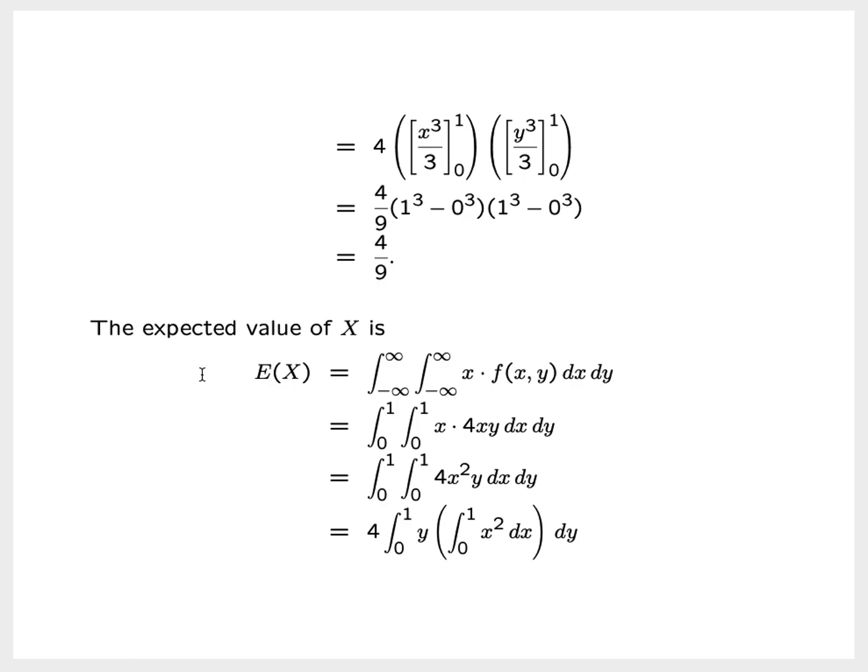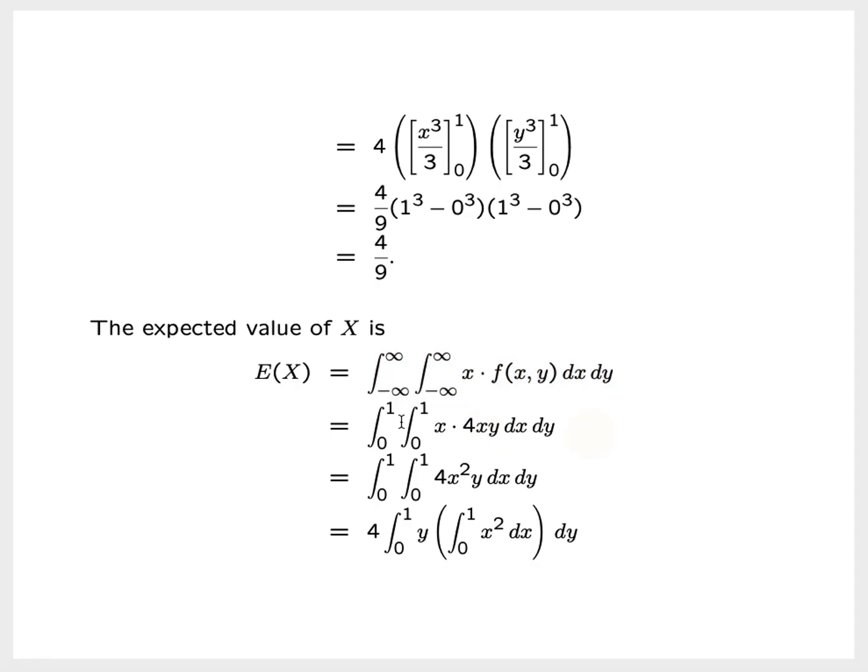All right, now the expected value of x is, by definition, using the joint PDF, the double integral over the two-dimensional plane of x times the joint PDF.